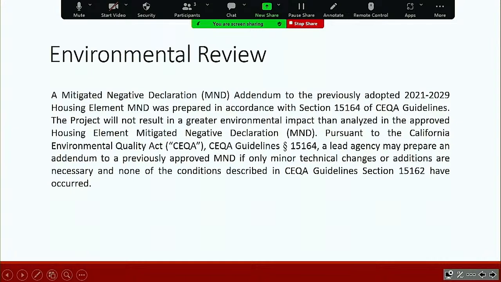As part of the environmental review, a mitigated negative declaration addendum to the previously adopted 2021-2029 housing element MND was prepared in accordance with section 15164 of the CEQA guidelines. The project will not result in a greater environmental impact than analyzed in the approved housing element mitigated negative declaration.